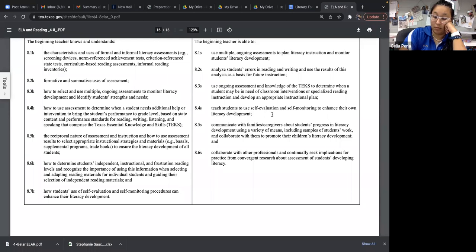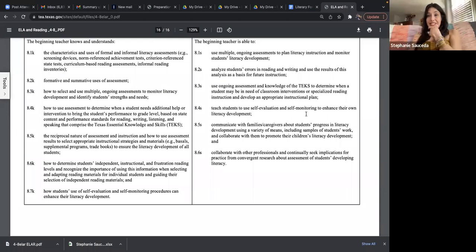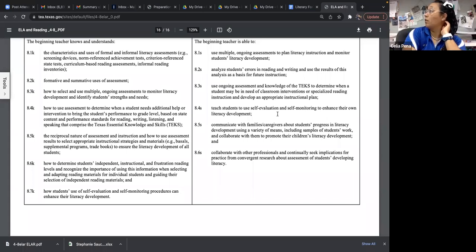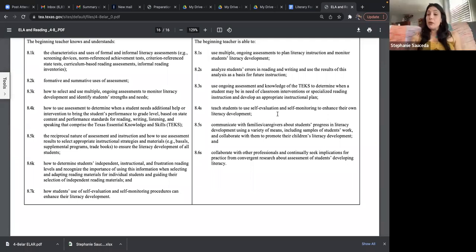Teach students the use of self-evaluation and self-monitoring to enhance their own literacy development. So self-evaluation and self-monitoring, what does that look like in an ELAR classroom? Let's say we read a short story and it's chunked into different paragraphs.